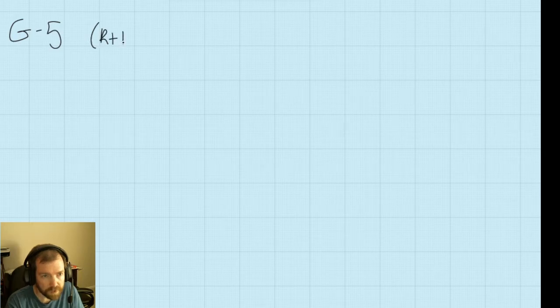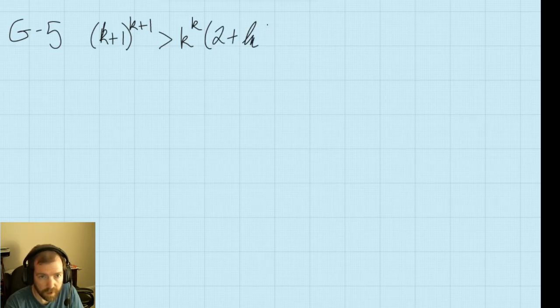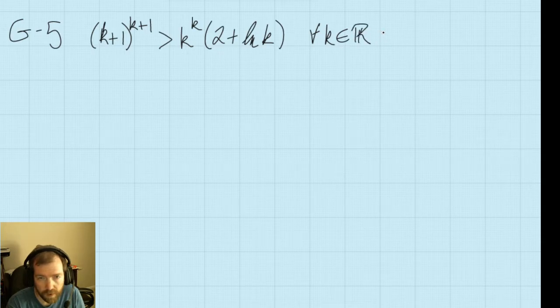We have (k+1)^(k+1) is greater than k^k multiplied by (2 plus the natural log of k), for all k in the reals, such that k is greater than 1 over e.